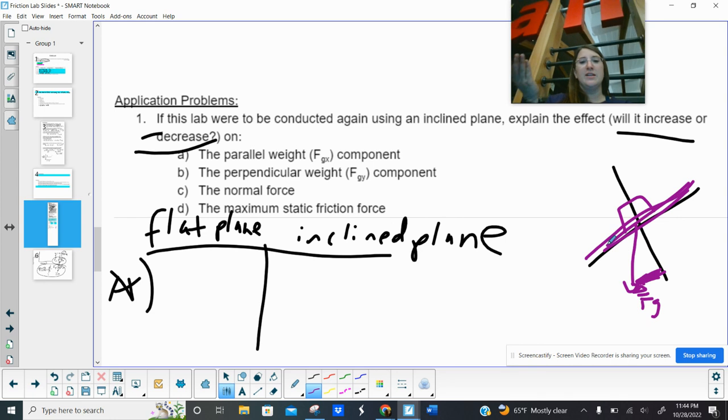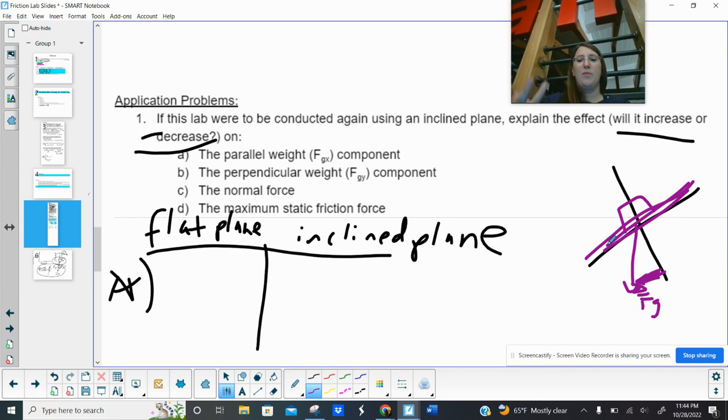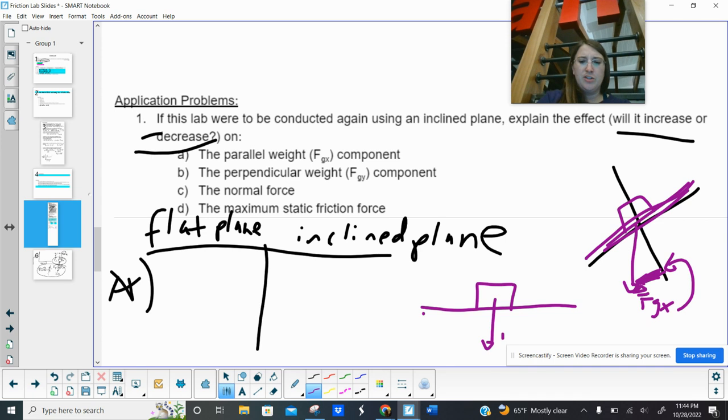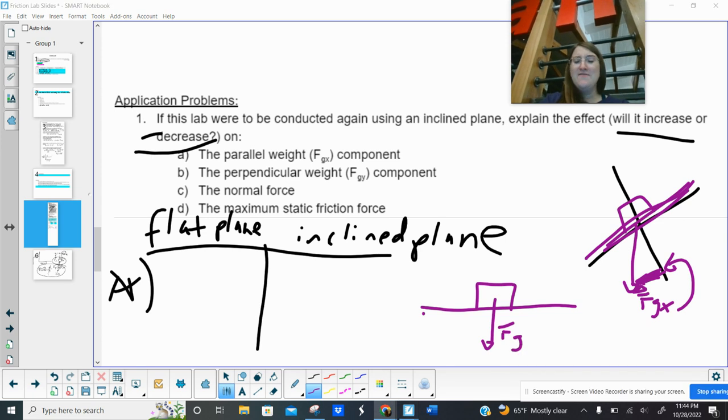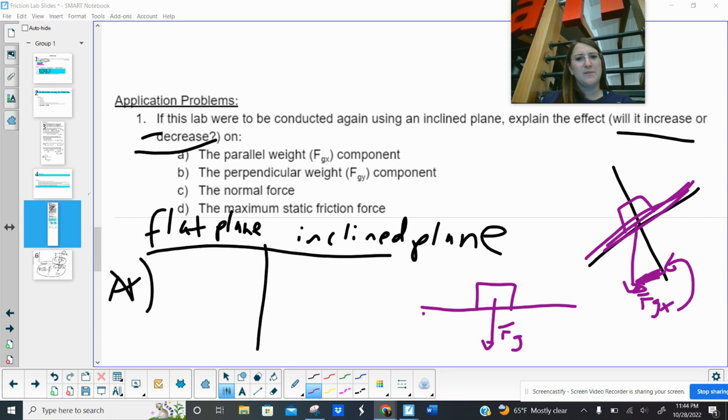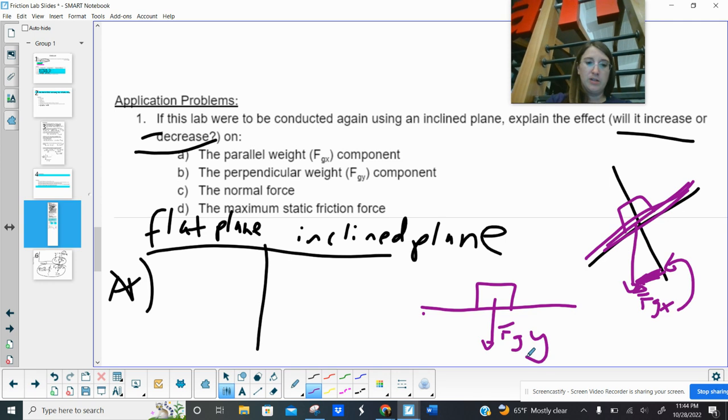So what you want to think about is, what was my parallel weight component before? Once again, I'm going to add an x here. This is Fgx. Think about a flat surface. Here's Fg. If that is Fg on a flat surface, what's Fgx on a flat surface? Well, it doesn't exist, right? Fg is Fgy on a flat surface. It is strictly a y component.